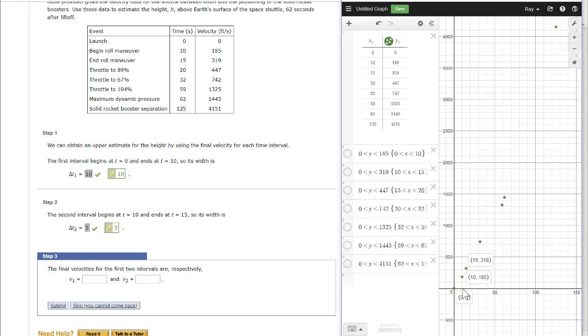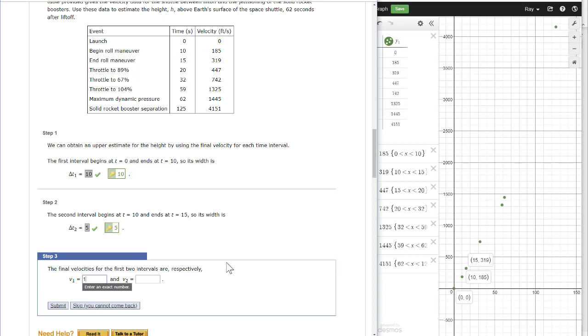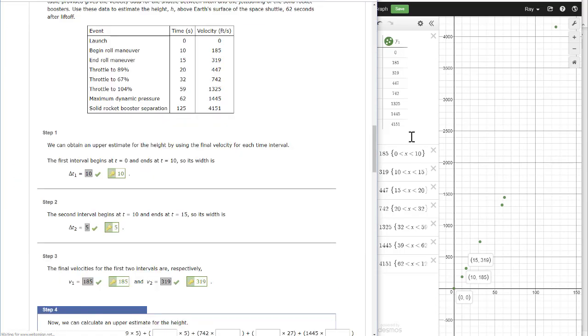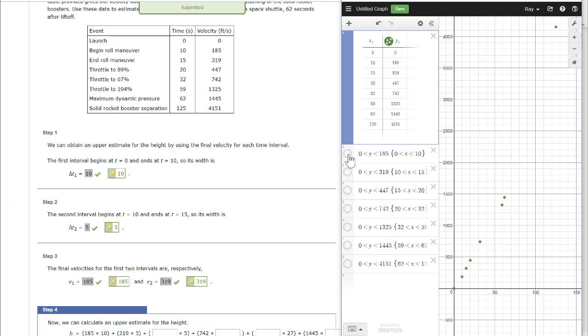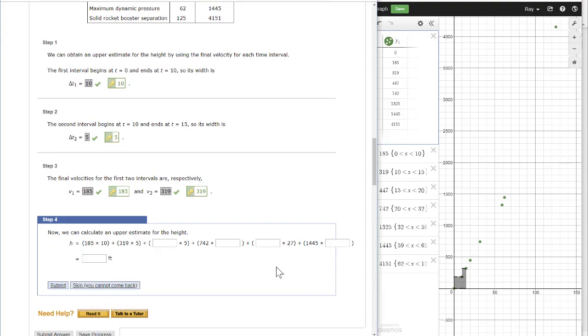In the first interval, the final velocity is 185. In the second interval, the final velocity is 319. If we want to see that in the graph, this is how it would look. All right, let's keep going.